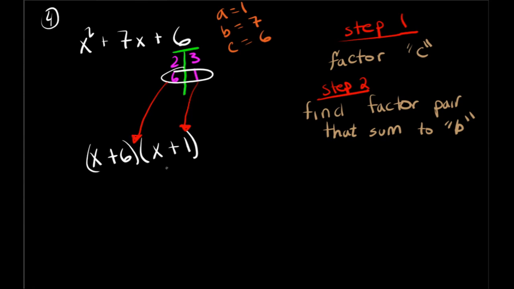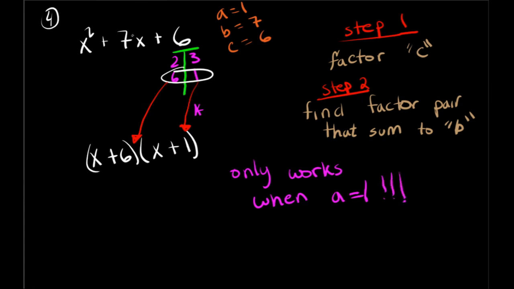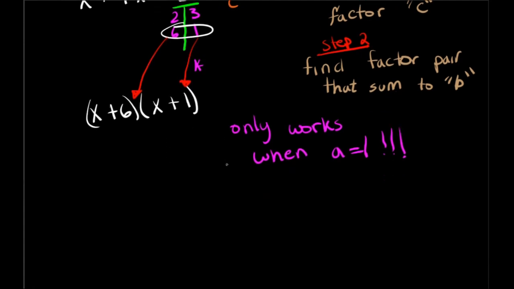We just take those factors from our factor tree that add to our b term, and we can immediately go straight from there to our binomial factors. Now remember, you can only do this when the a coefficient is 1. If a is anything other than 1, you can't really take this shortcut.